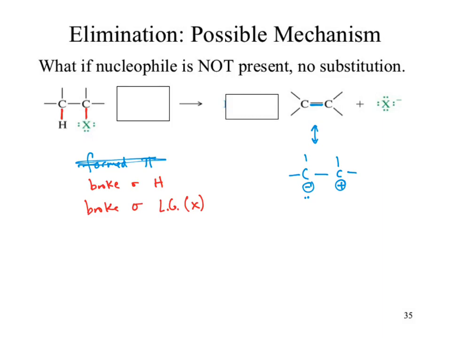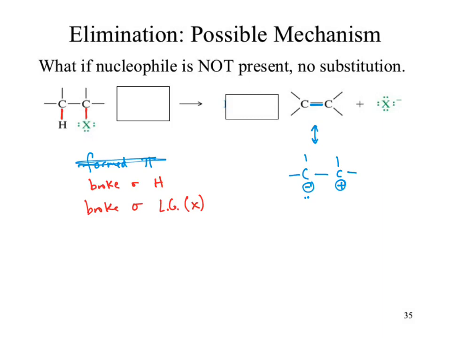So cool, it's really only 2 things. I break the sigma to the hydrogen. I break the sigma to the leaving group. So 2 things means 3 possible ways to do it. Guess what? 2 are valid. And those 2 being valid, guess what they also do? They perfectly mirror the substitution pathways.